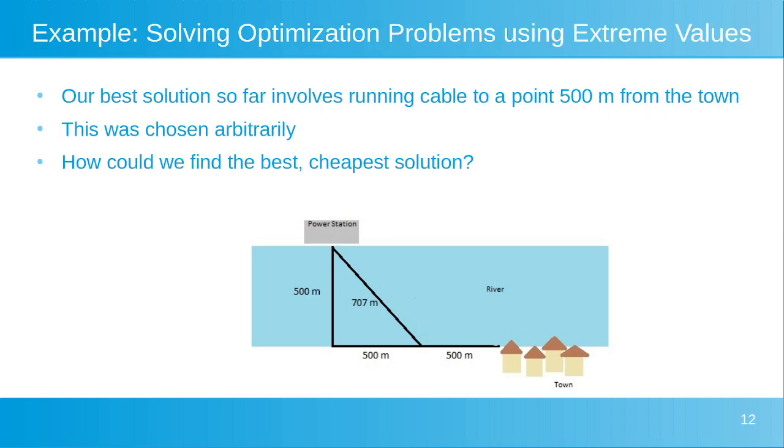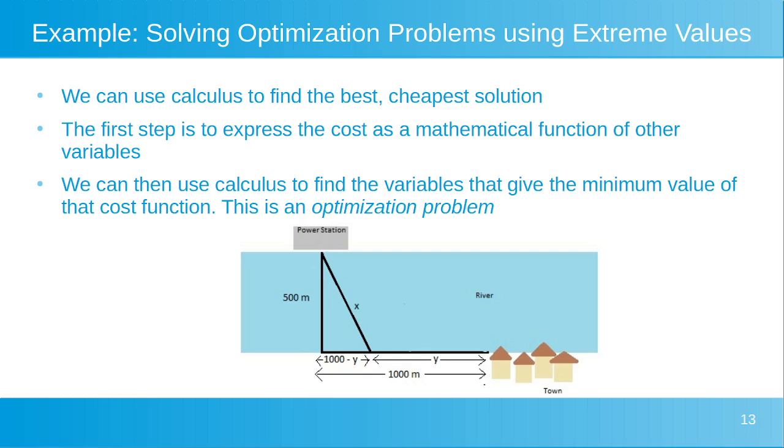So our best solution so far involves running the cable to a point 500 meters from the town. But as we just said, we chose this arbitrarily, just at random really. And what we want to do is try and find the best, cheapest solution. So to do that, we can use calculus.